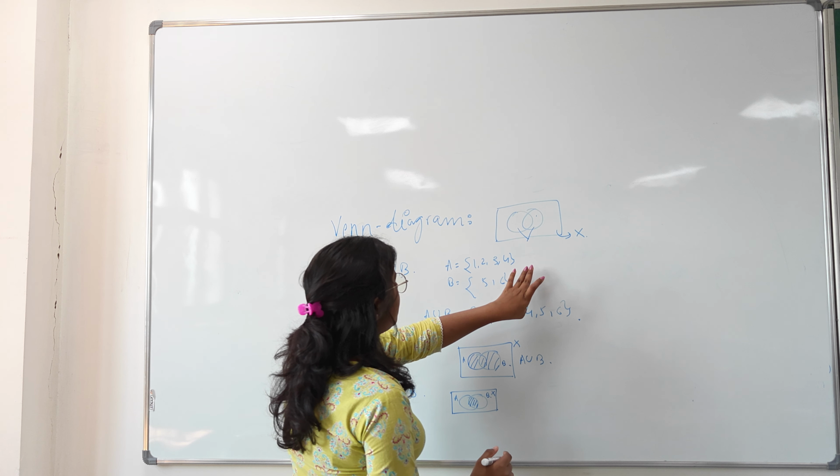So there is no element in the intersection; it is the empty set. This is our A union B and this is our A intersection B.